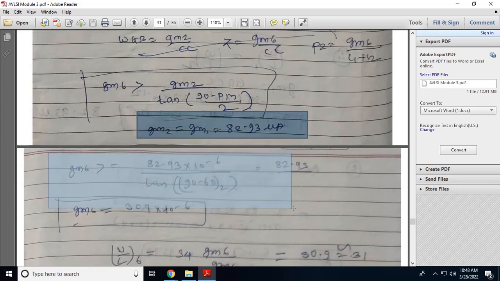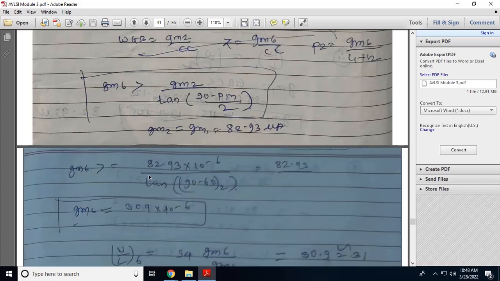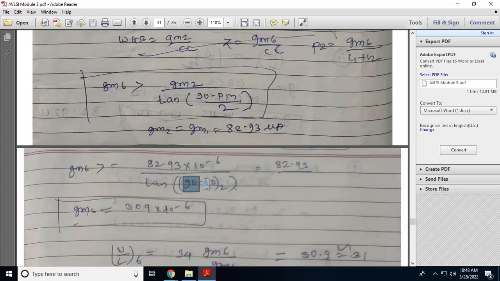So Gm6 is greater than or equal to 82.93 into 10 raised to minus 6 divided by tan of 90 minus phase margin, which is 60, divided by 2. So the answer is Gm6 equal to 309 into 10 raised to minus 6. So in this problem we discuss how to calculate size of 6 by using a phase margin.